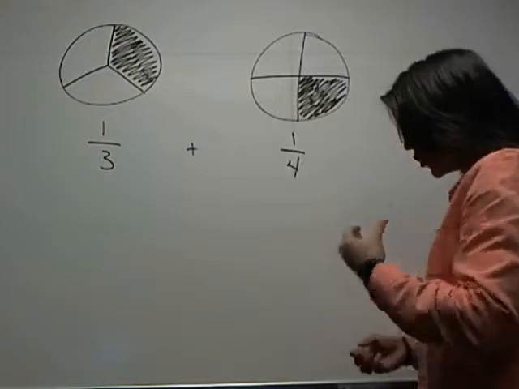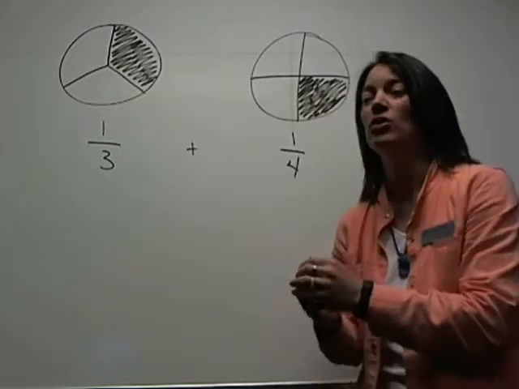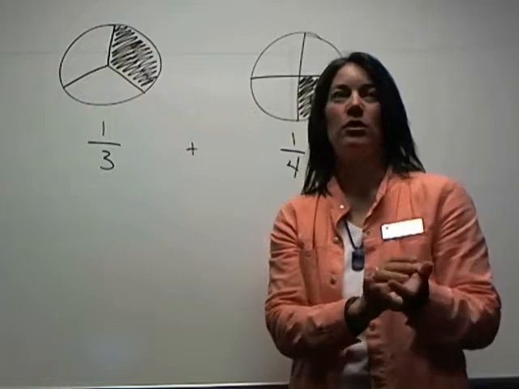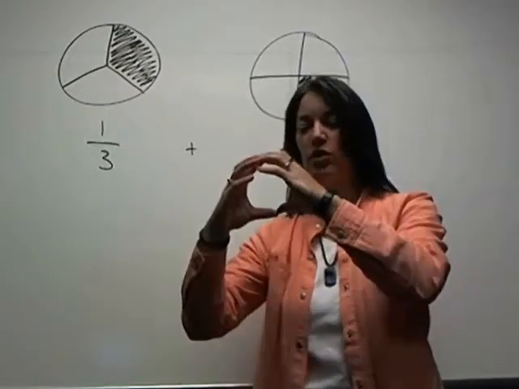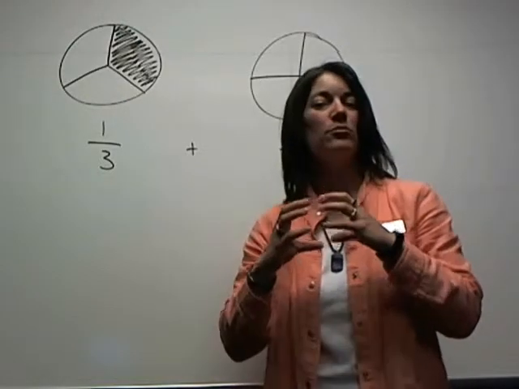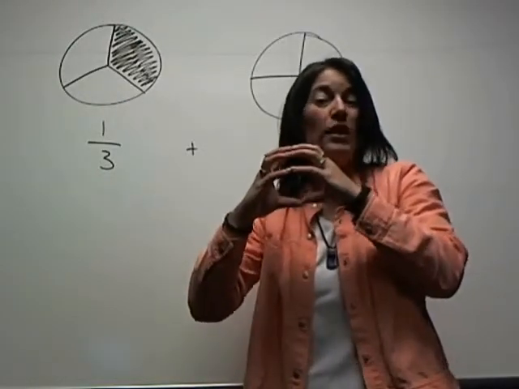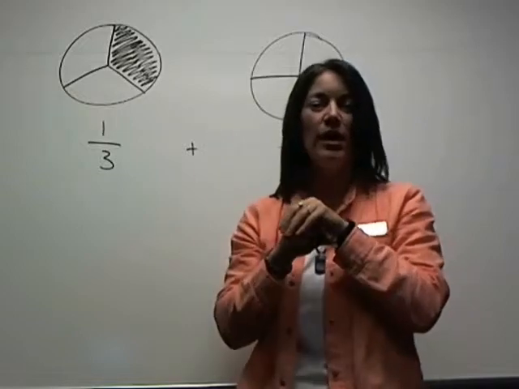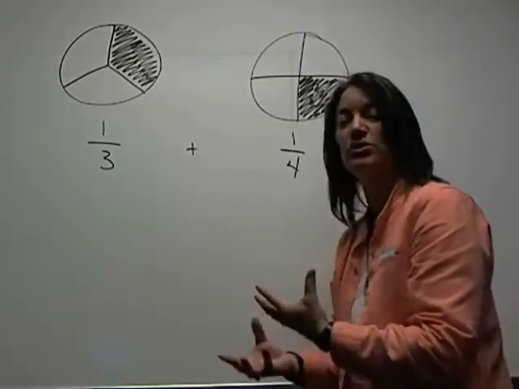Now, when we first learned how to add, we were adding 1 plus 1 is 2. Well, it wasn't just one item, it was 1 whole pie plus 1 whole pie makes 2 whole pies, and we could add those because they were whole items. It was that entire pie or that entire pizza, that entire object.